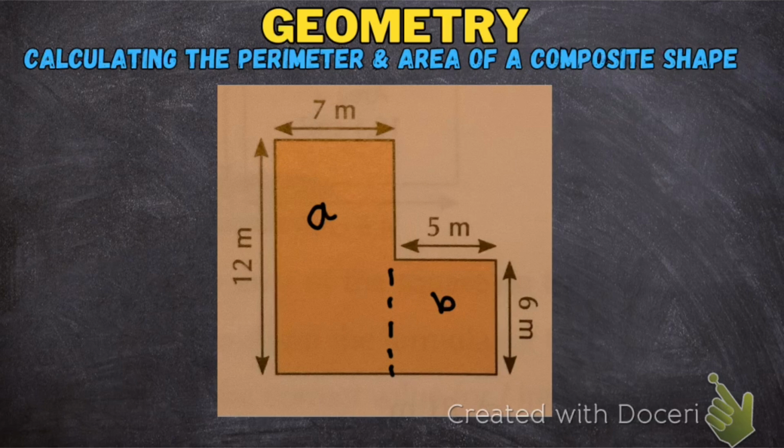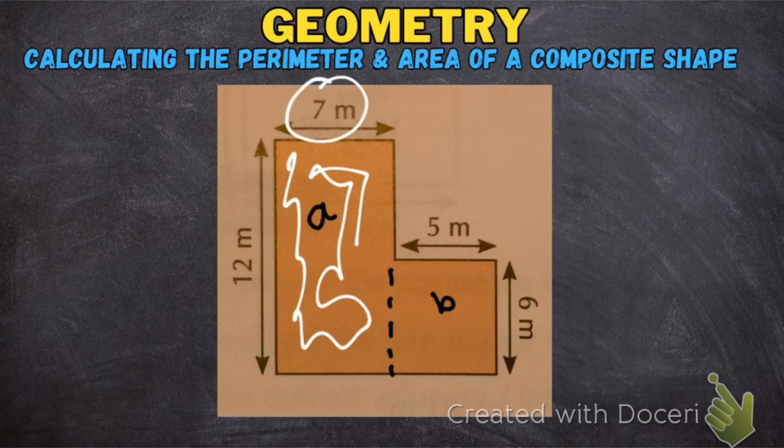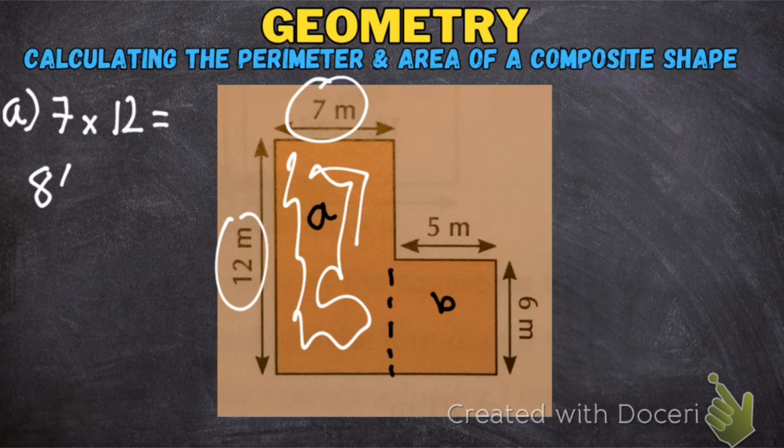So we're first going to do the area, not the perimeter. We're going to do the area first. So shape A, the area, is going to be 7 times 12. That's going to be 84.